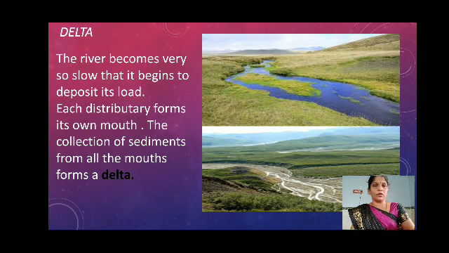In the first picture, it looks like agricultural land. Land formed like that is called a delta. The collection of sediments from all the mouths of distributaries forms a delta.